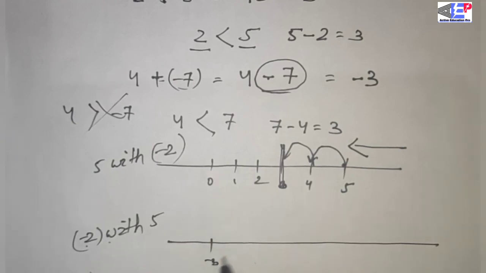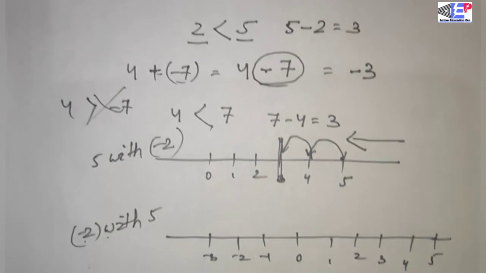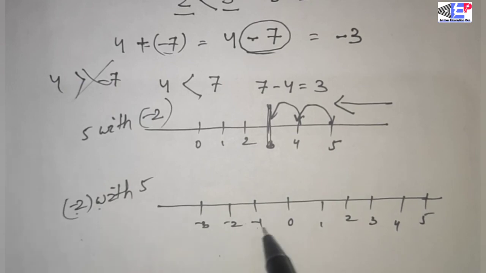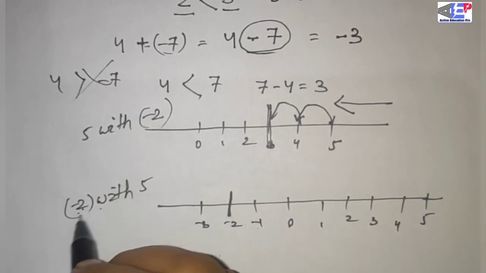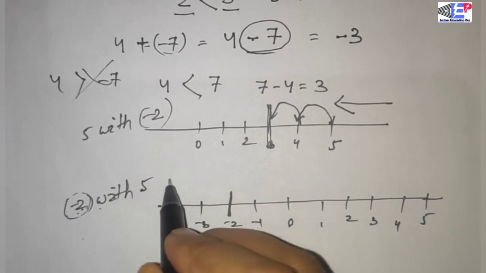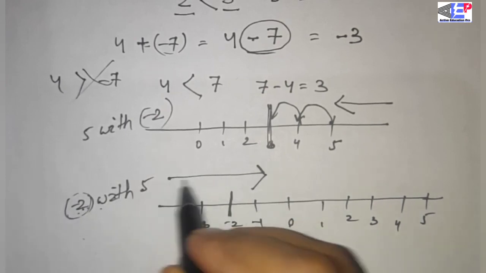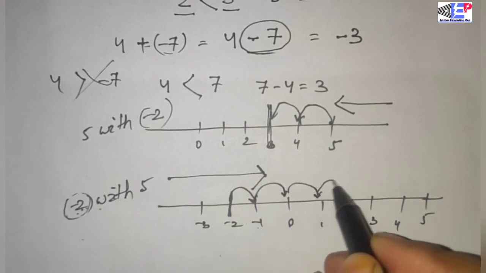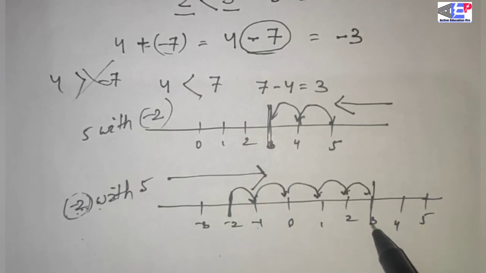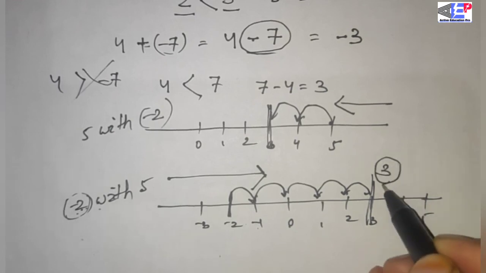This is minus 3, minus 2, minus 1, 0, 1, 2, 3, 4, 5. So this is minus 2. And now we are going to add this minus 2 with 5, a positive integer. Then you have to move from left to right. So this is 1, 2, 3, 4, 5. So this is 3.